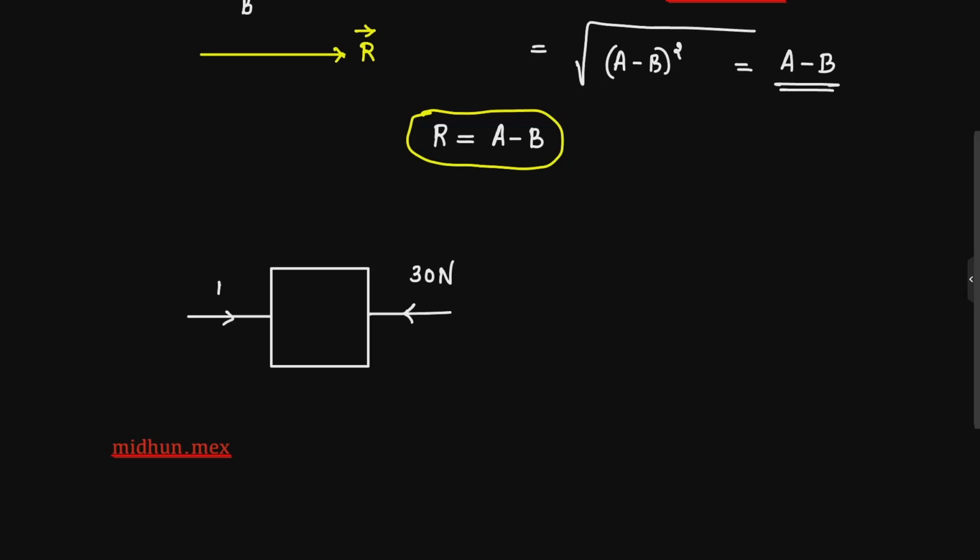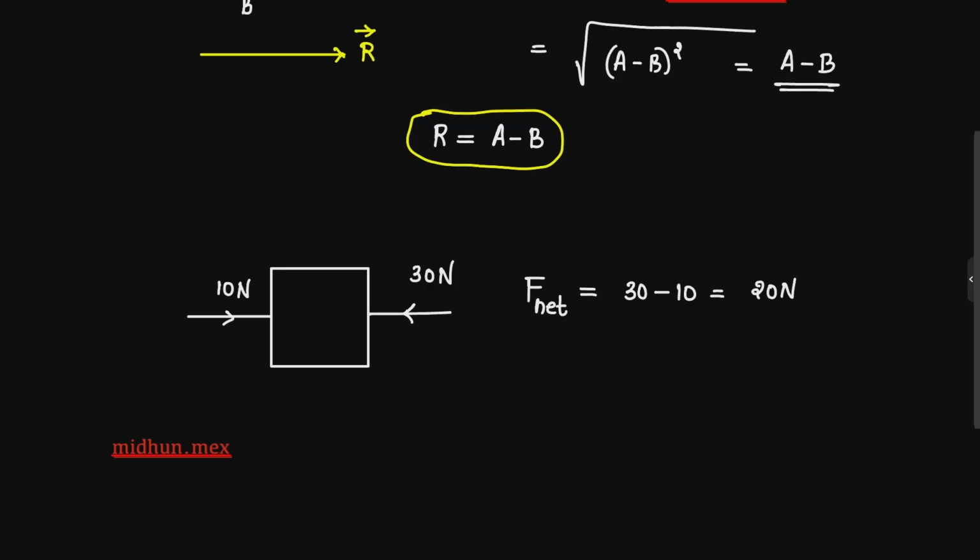This force may be 10 Newton, and we need to find what is the net force acting. We know force is a vector, it will follow vector algebra. According to vector algebra, when two vectors are in opposite direction, net value is A minus B, as we have written. So you take the higher value minus lower value. 30 minus 10, your answer will be 20 Newton.